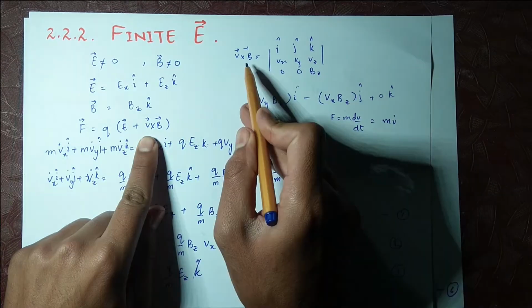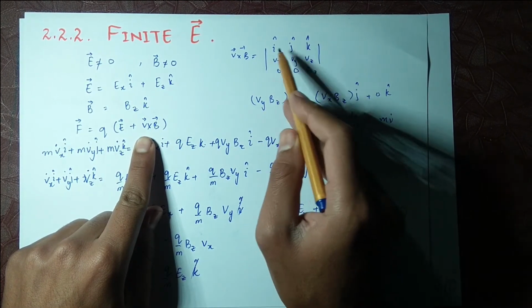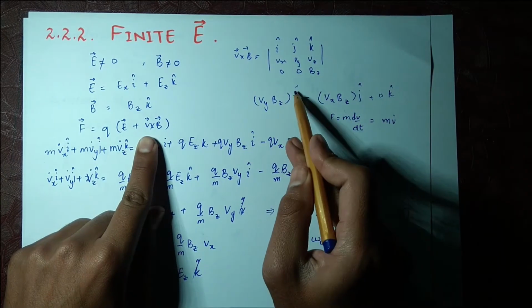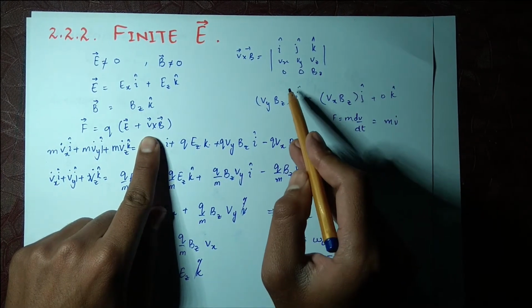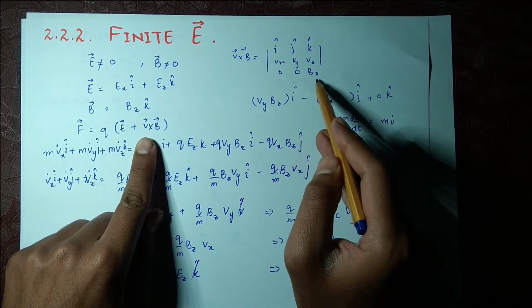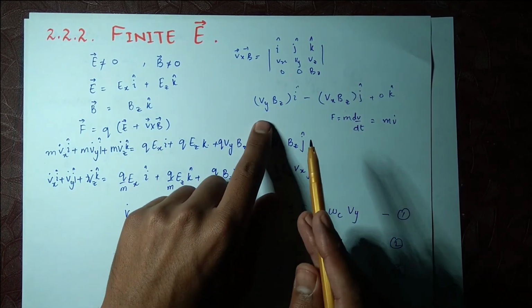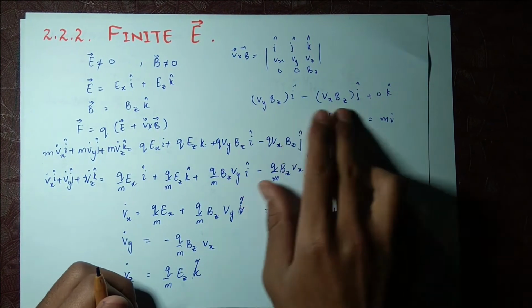To calculate a cross product, we take its determinant. For the i component, Vy will be multiplied with Bz minus 0 into Vz, and you know how to take a determinant, and this determinant will be equal to this term.